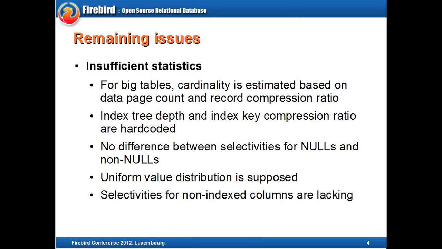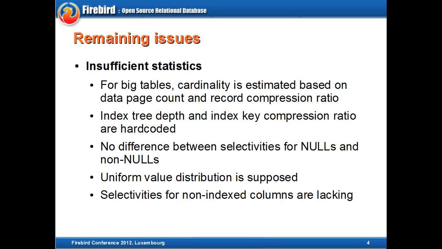So fewer records fit a single data page. Moreover, some data pages could not have records at all. I mean primary record versions that can be accessed by the transaction. It could contain only invisible record versions, or record fragments, if the record was big enough to be split among multiple pages. So these pages should not be counted when estimating the cardinality.